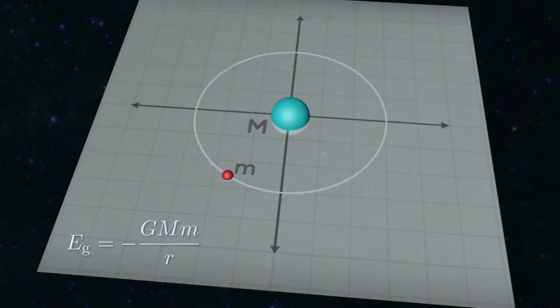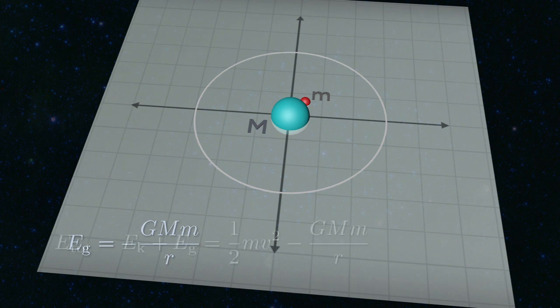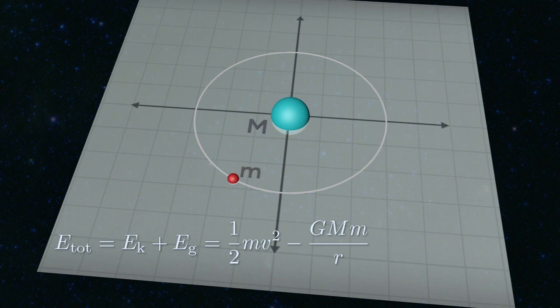If we let little m fall toward the origin, r shrinks, and according to the formula, the potential energy becomes more negative, which implies that positive energy must be showing up somewhere else, since the total energy is conserved. And that does make sense. The kinetic energy, 1/2 mv squared, is increasing as the mass accelerates toward the origin. The gravitational potential energy is being converted into kinetic energy.